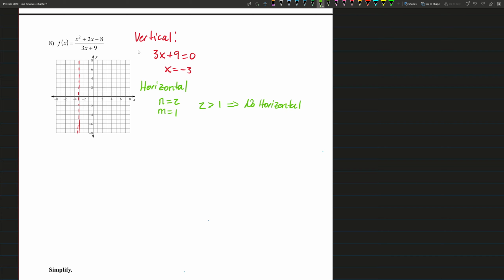Okay, but because there's no horizontal, we have to check for a slant. And the slant only happens when the degree of the numerator is exactly 1 greater than the degree of the denominator. So 2 is exactly 1 greater than 1. So there is a slant. In order to find that, we have to do long division.